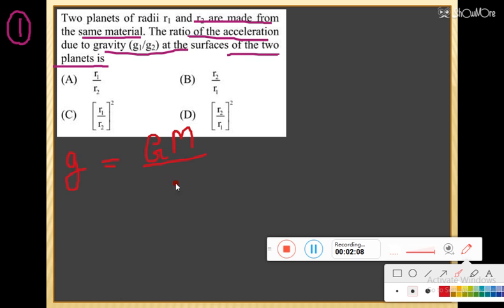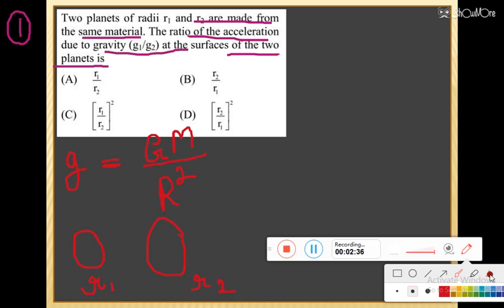This we have studied during the gravitation unit, and for any planet this equation is right. Small g is equal to capital G into M by R square. So students, here we have two planets. Let's suppose this is the first one and this is the second one. It has the radius R1 and the other one has the radius R2.